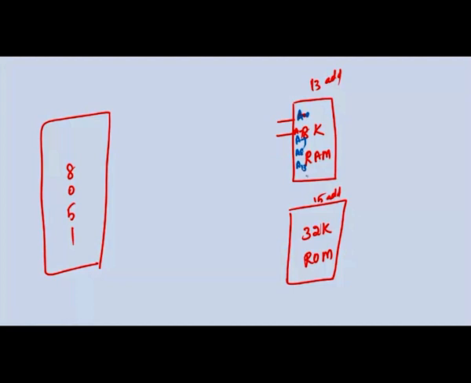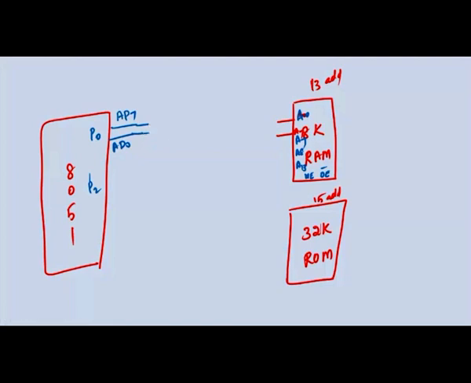Along with that, the additional control signals are write enable and output enable. Now, what are the signals? Port 0 and port 2. Port 0 has the signals AD7 to AD0, so multiplexed signals are available.